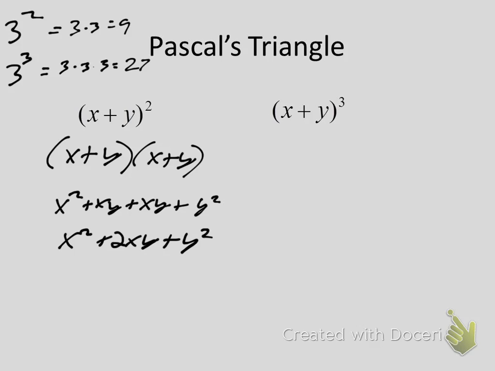Okay, so x plus y quantity cubed, you do it the same way, except we have x plus y times x plus y, and then we had to throw in an extra x plus y. So you do this one the same way. FOIL the first two, which I'll pick up from right here. Everybody good with that?